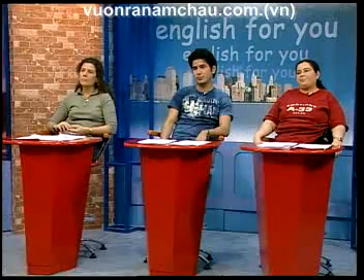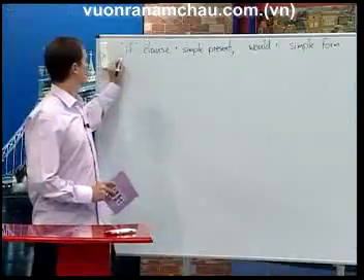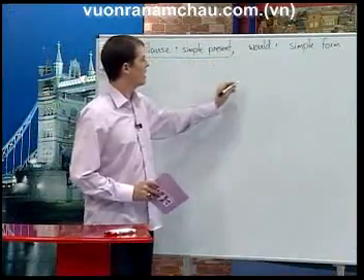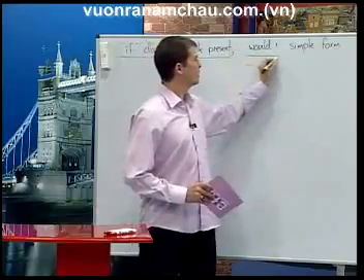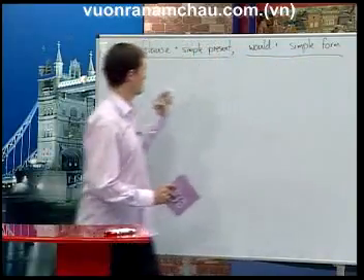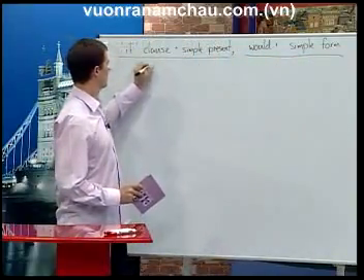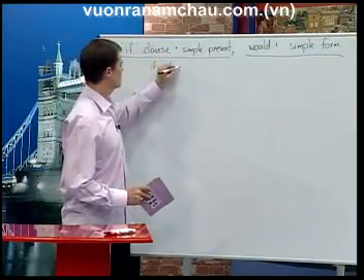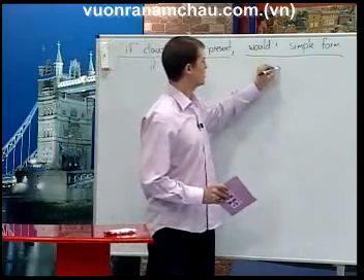So this is our if clause, if plus simple present, and then would plus simple form. Let's put that here. The if clause, and over here the result clause.